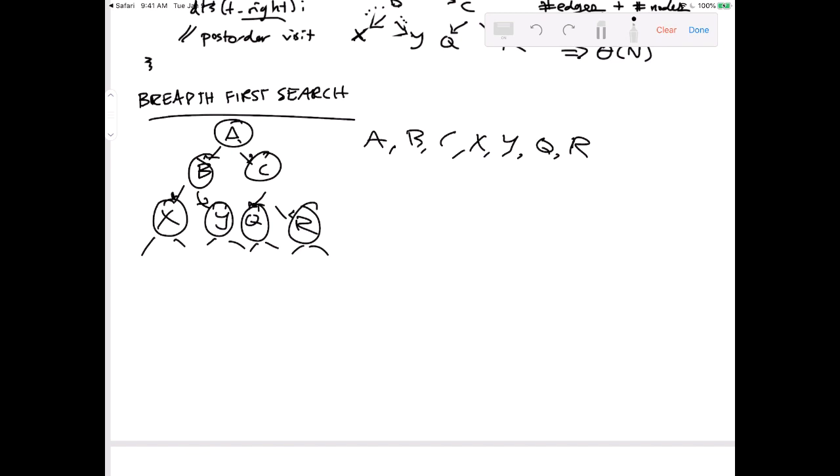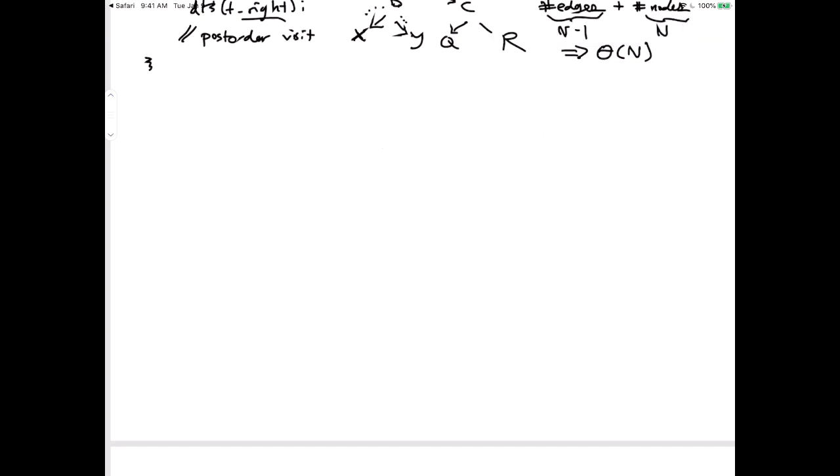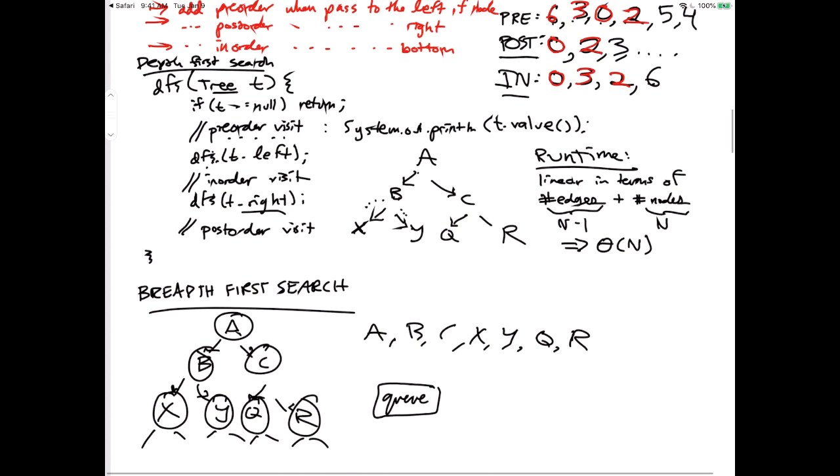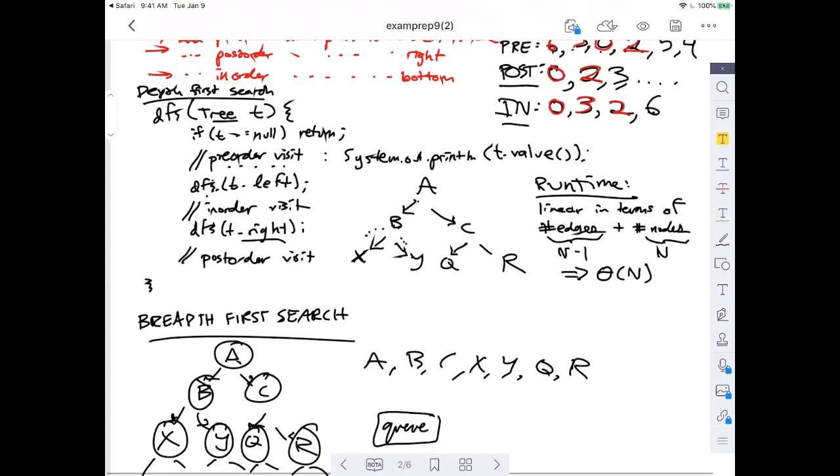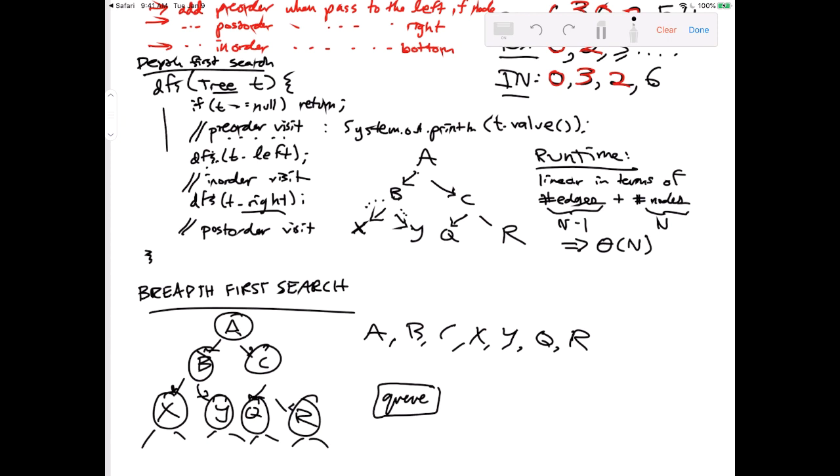Now you can implement this with a queue. I might do a video about this, but it's also, I believe, in the lecture slides, so I'm not going to go over exactly how to implement this quite yet. And then also with a depth first search, you can implement this recursively in the way that I've talked about, but you can also implement it iteratively using a stack.